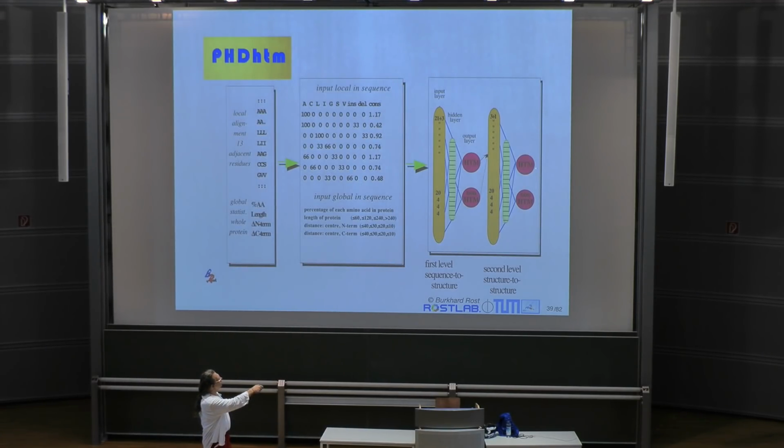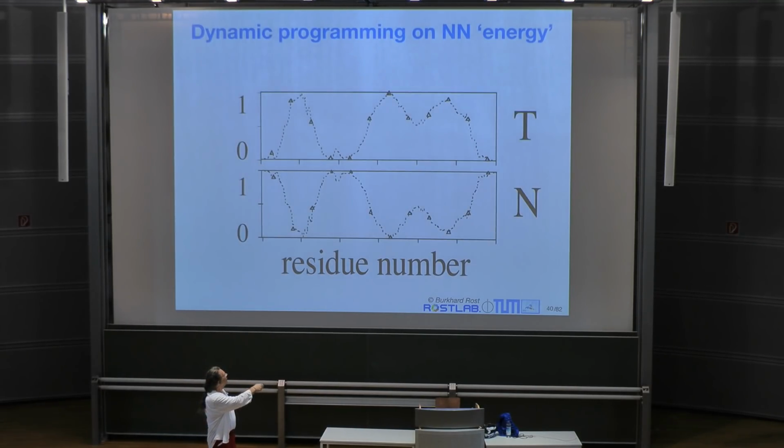So essentially, it's these 2 units, okay? We take the output value from this unit and the output value from this unit here, and we plot it along the sequence. I'm sorry if that was not clear.